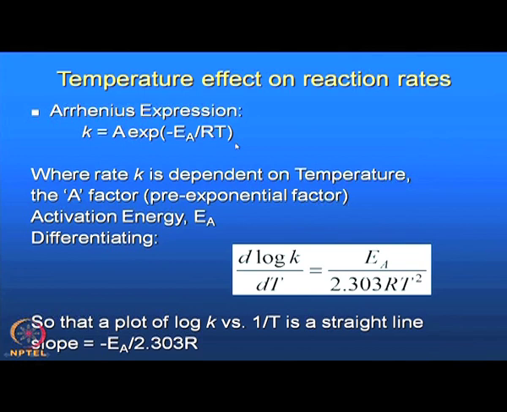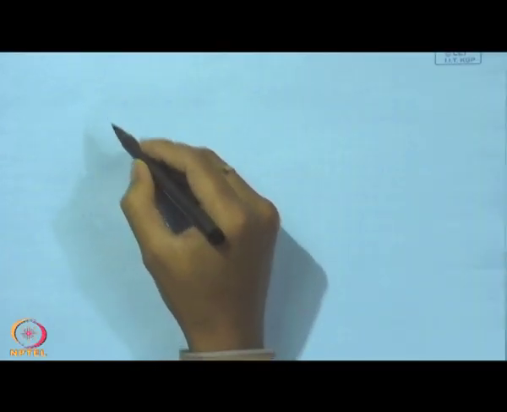Now, let us move on to the effect of temperature on chemical reaction rate. There is a famous and very old expression which relates the chemical reaction rate constant with temperature, which is K equals A times exponential to the power minus E_A by RT.